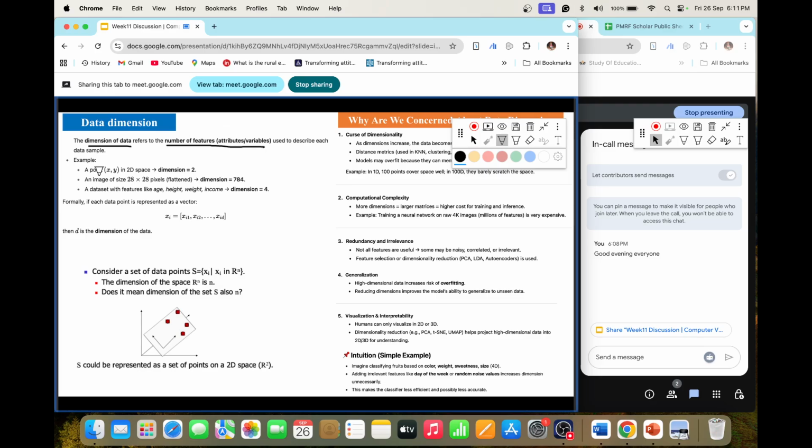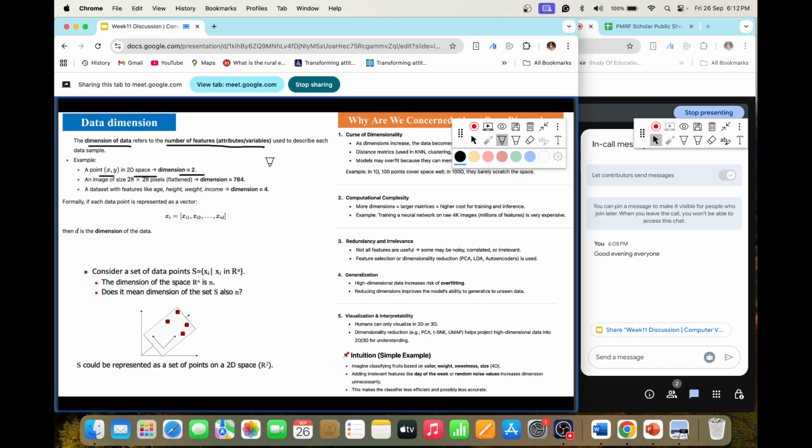For example, a point x, y in 2D space has dimension 2, because we are representing that data point by two axes, one is your x axis and the other is your y axis. So the x axis is one feature or attribute or variable, and the y axis is another feature for the data.